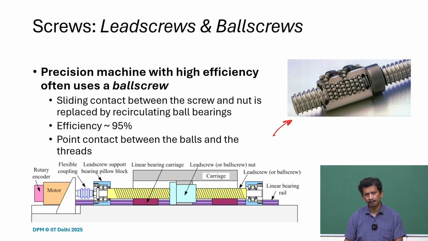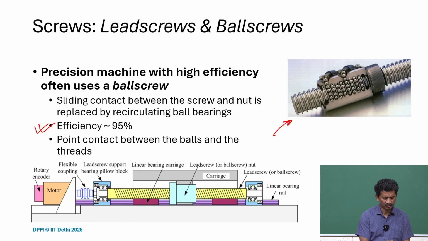Instead of the nut and thread sliding on a wedge, now there are spherical balls embedded just like ball bearings, and now there is a rolling motion.